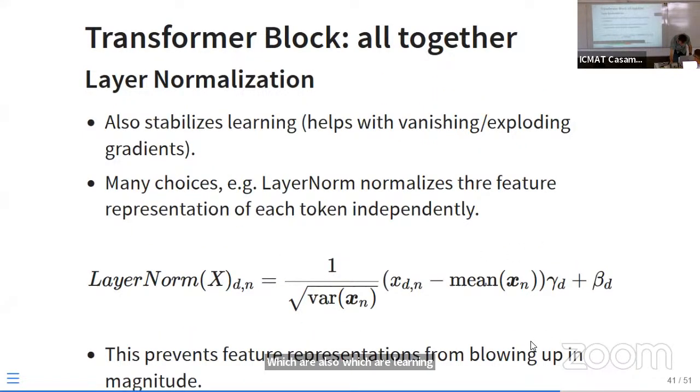Okay. And this essentially prevents the feature representation from blowing up. After every layer normalization, we are preventing this representation from taking very high or very low values.